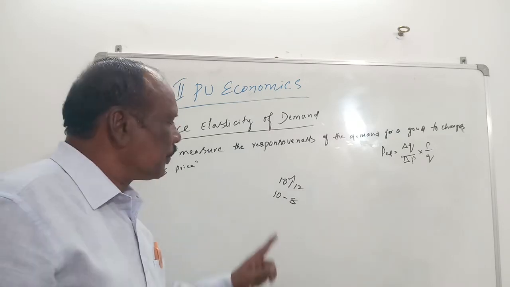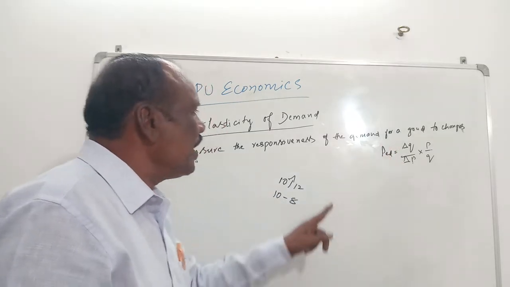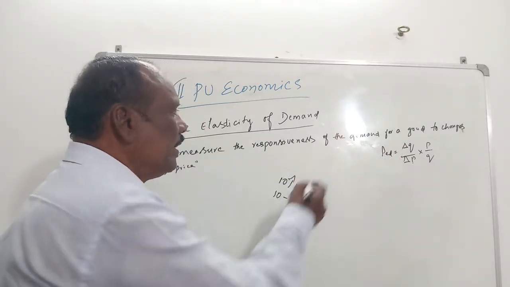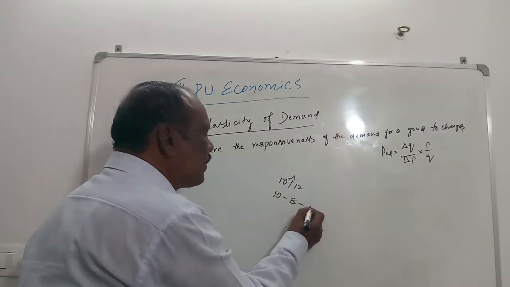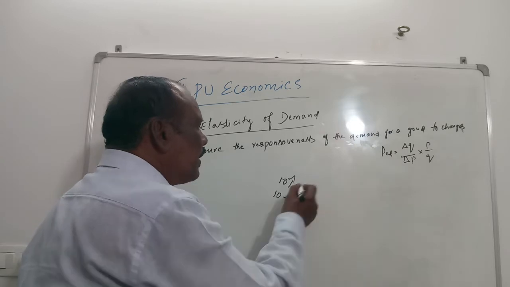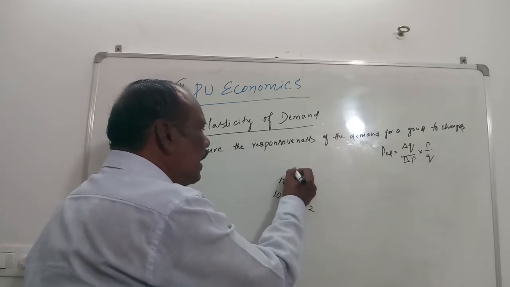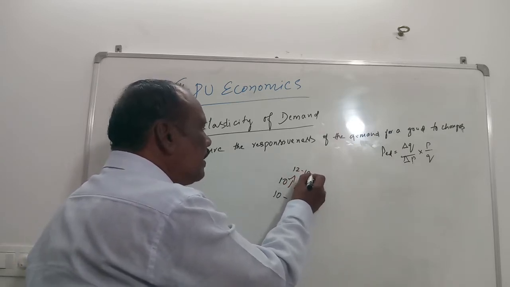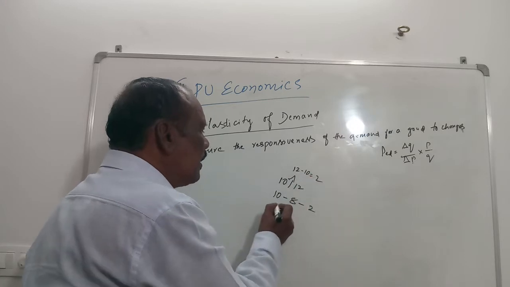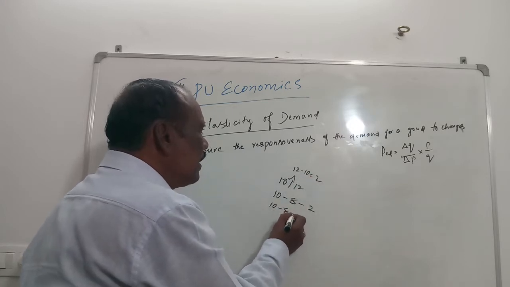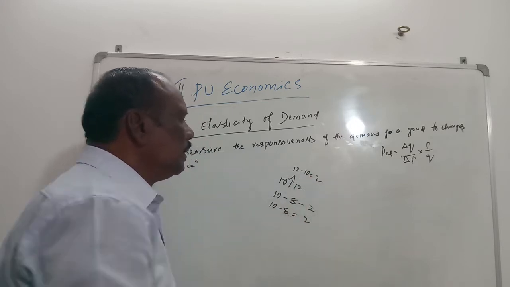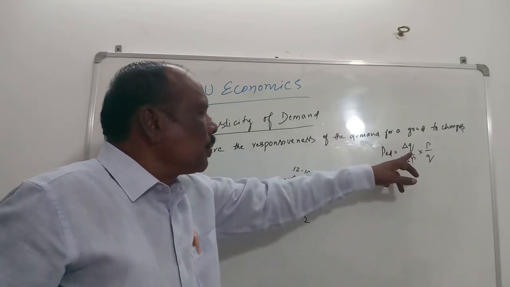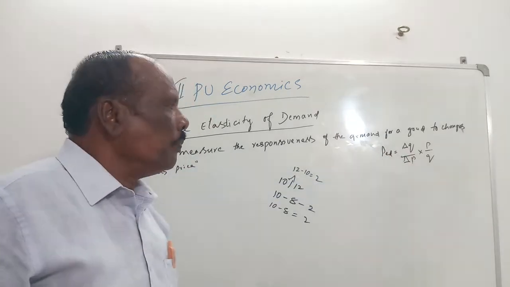Did you understand? Now what is delta Q? Change in quantity, that is 2, and change in price is 12 minus 10, which is equal to 2. And this is 10 minus 8, which is equal to 2. So delta Q is 2, delta P is 2, right?